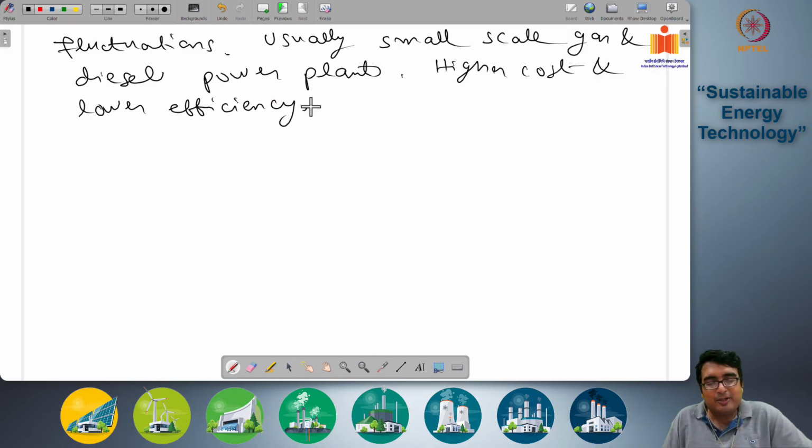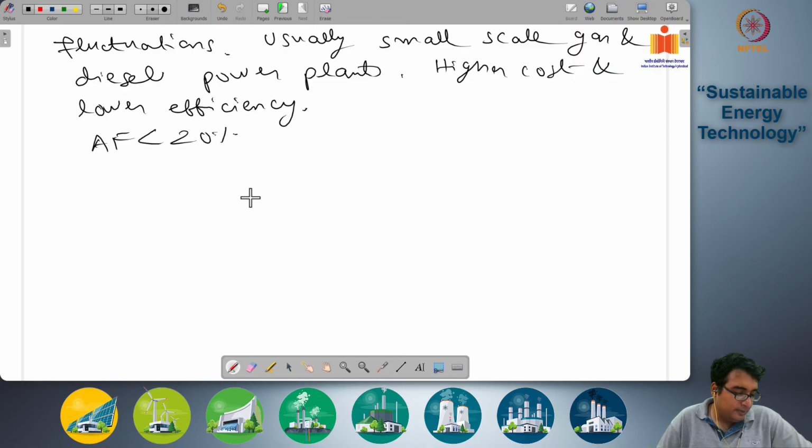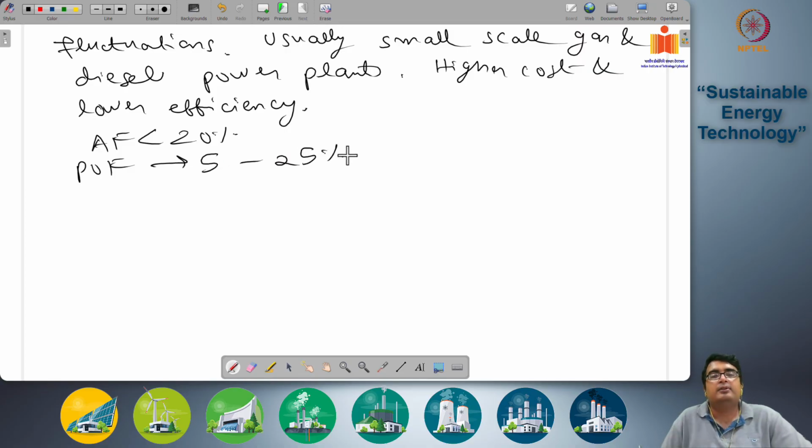So the cost of electricity production through these small scale power plants is usually high and they have lower efficiency, but the focus here is not to increase efficiency but to increase responsiveness to demand spikes. So their availability factor is usually less than 20% and their power operating factor is of the order of 5 to 25%. So these are turned on and off relatively frequently, but most of the time they are basically idling.